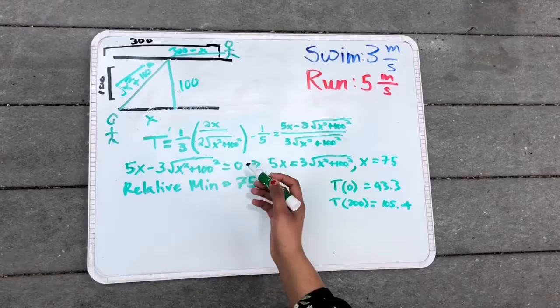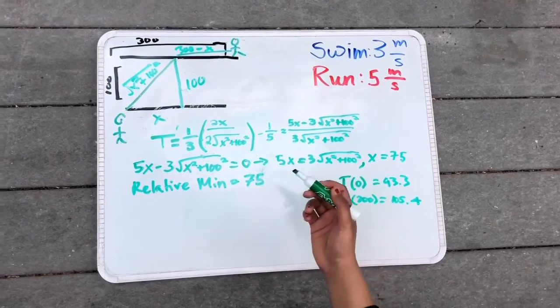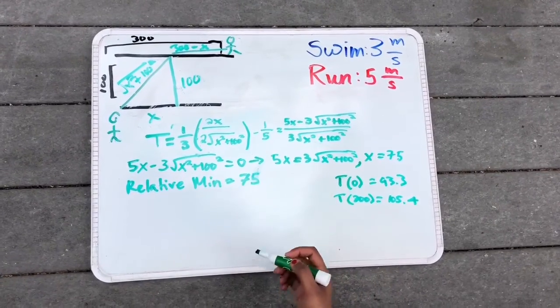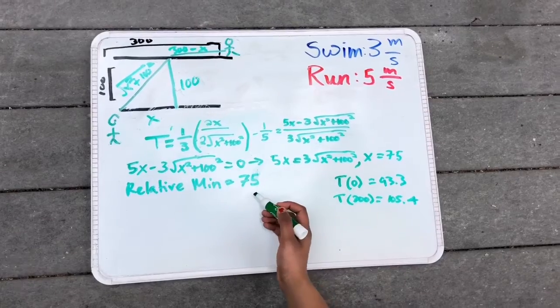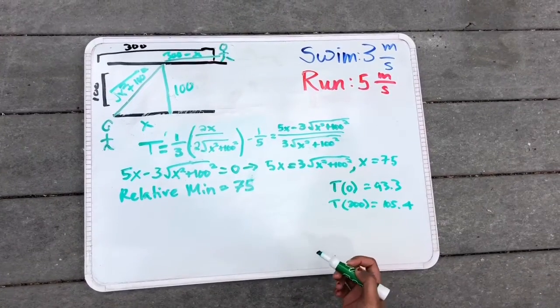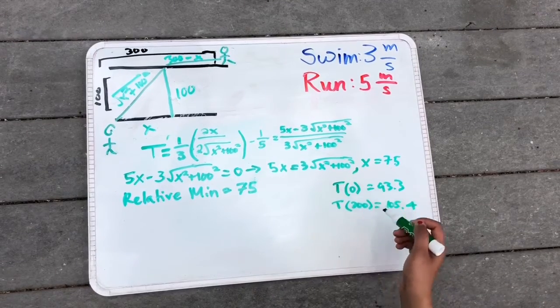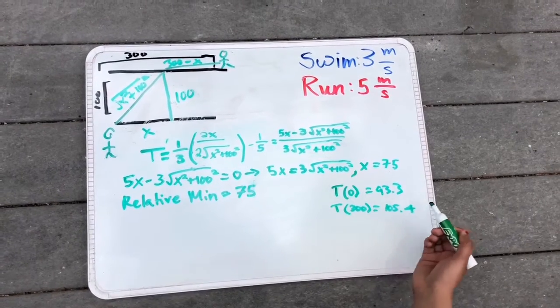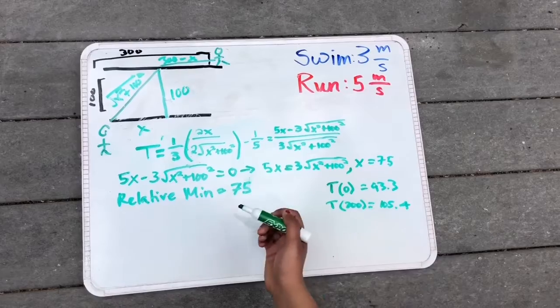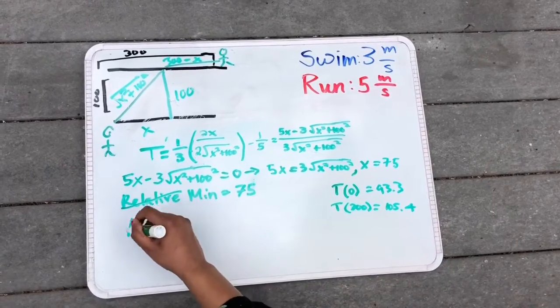Okay, so now we found the derivative of t, and we set it equal to 0 to find the relative minimum, which was 75. Now we need to check if that's the absolute minimum, and we do that using the bounds 0 and 300. As you can see, these are both greater than the relative min, so this turns into the absolute minimum.